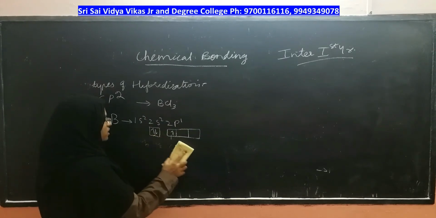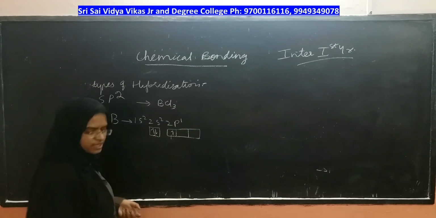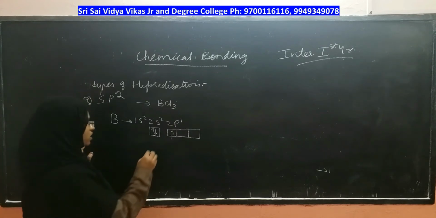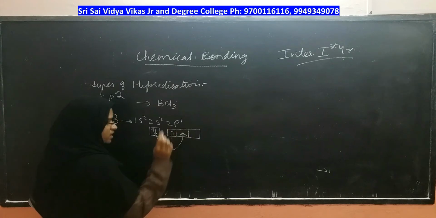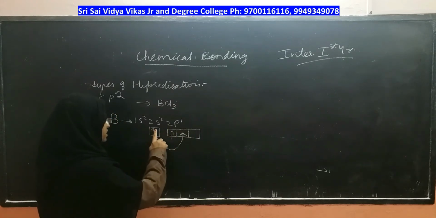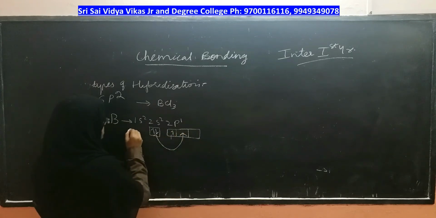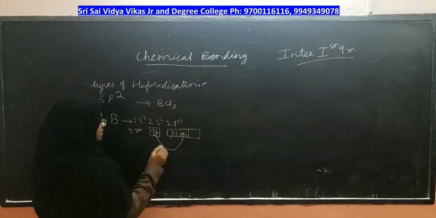To make the bond equally strong with all the 3 chlorines, what boron will do is, one electron from the s orbital will jump here, right? We should show the excited state also. This is the ground state.